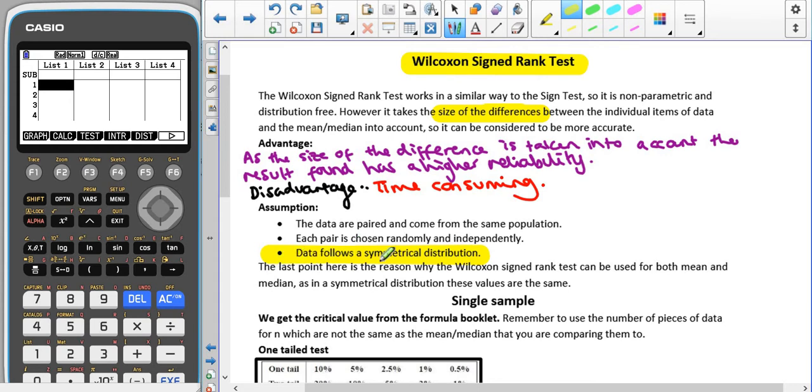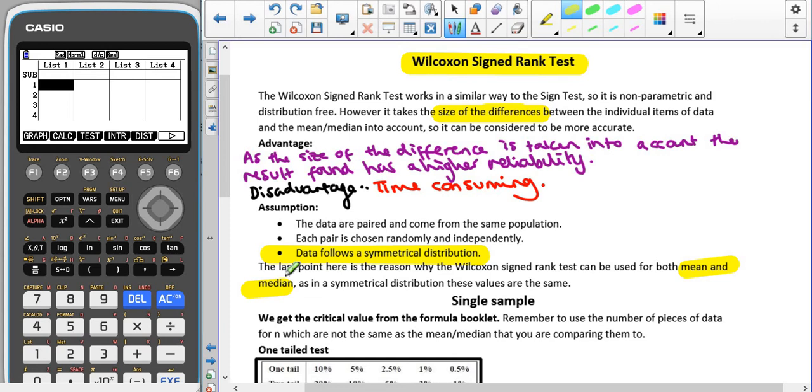And this creates a nice scenario where the mean and the median are the same. So the question could be talking about the mean or the median, but that is only because the data is symmetrical.